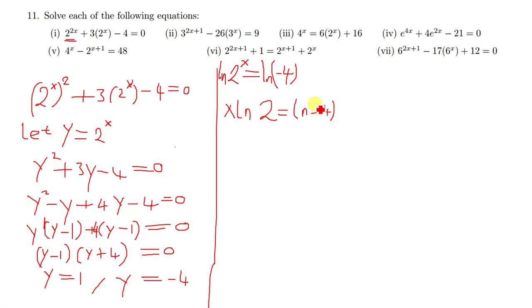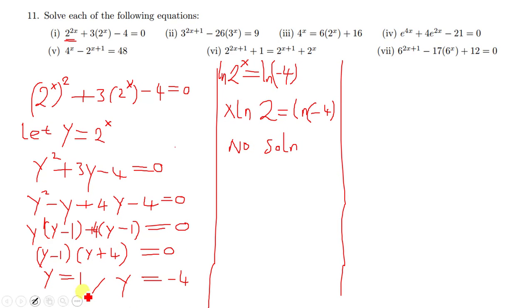But when you try to use your calculator, you discover that the ln of a negative number does not exist. Hence here we just say we have no solution because of this part. The ln of a negative number does not exist.